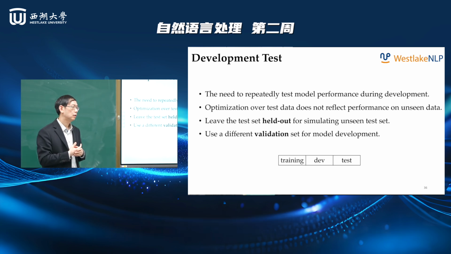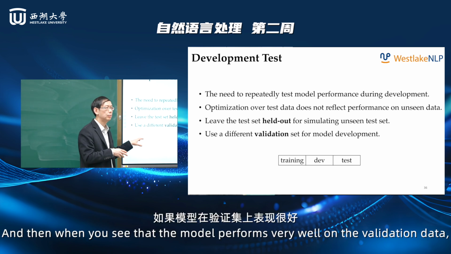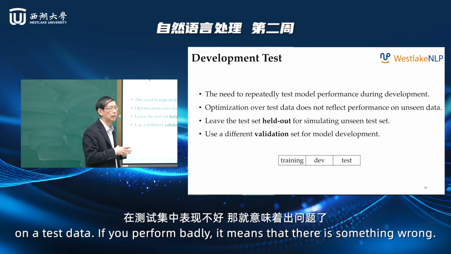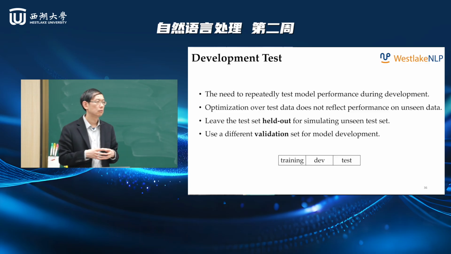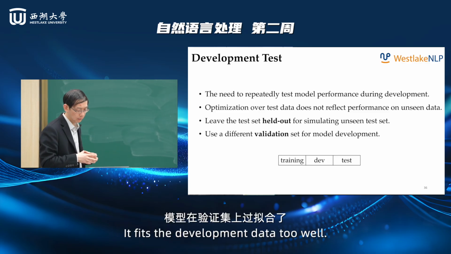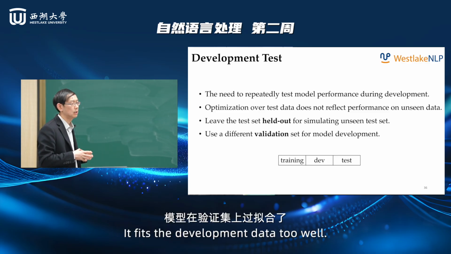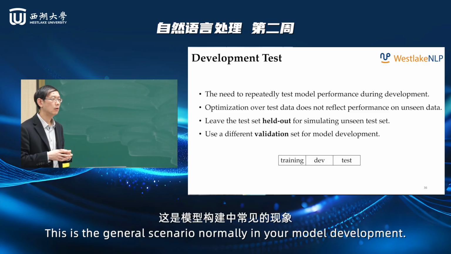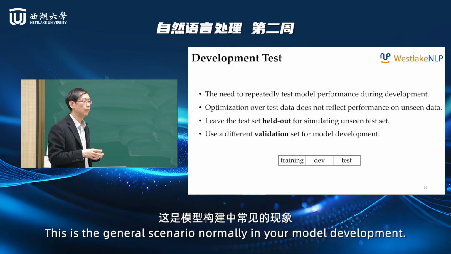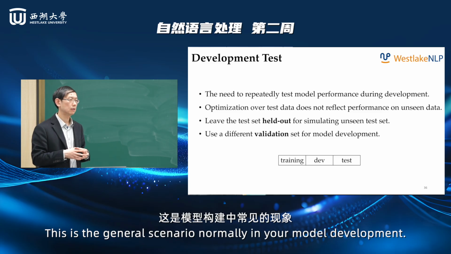Then when you see that the model performs very well on the validation data, you test it on the test data. If it performs badly, it means that there is something wrong. It fits the development data too well. So this is the general scenario normally in your model development.